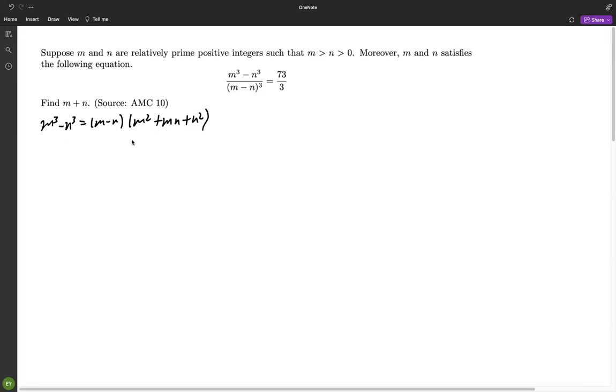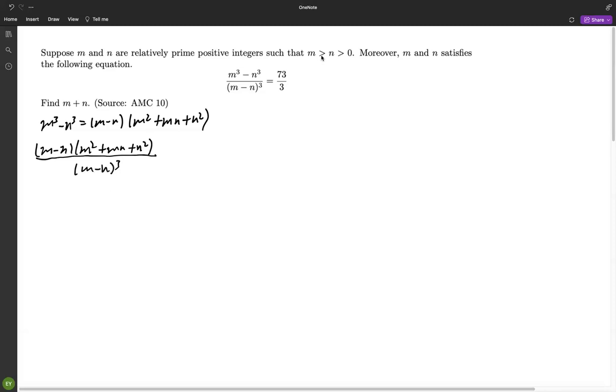So knowing this, let's rewrite our equation. So we have m minus n times m squared plus mn plus n squared all over m minus n cubed.